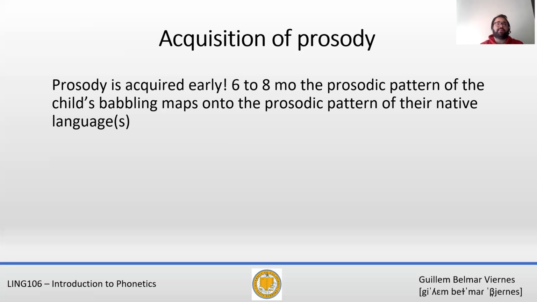And tonal languages that have unspecified tones, so that is tonal languages that have syllables where there's no tone, that no tone takes longer to acquire also. But yeah, you start acquiring tone very early on. At 6, 8 months old, you start acquiring tone.